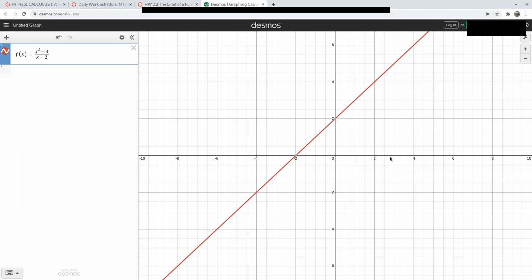And it looks like at 2, I have the point 2, 4 right there. But if I ask the function what it thinks about x equals 2, it's going to say, I cannot compute. That is undefined. Because there's a 0 in the denominator, the program's just saying undefined, but really it's a slightly different mathematical idea called indeterminate. I'm going to try to explain the difference between those right now to the best of my ability.